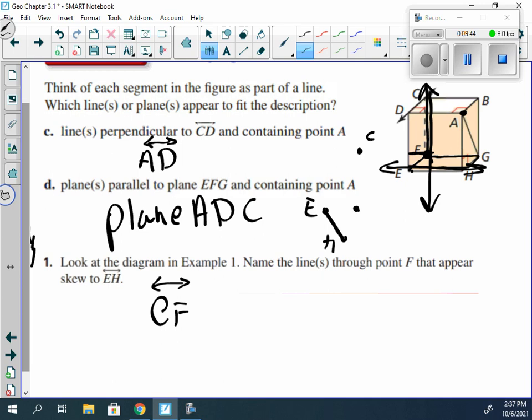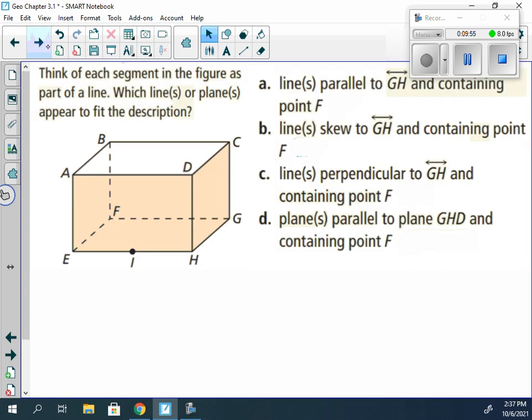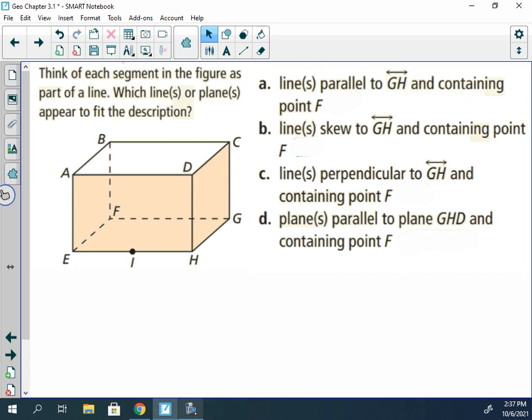C is back here if we looked at it from the side. So it's actually behind it. Yeah, no, it's behind it. Yep.